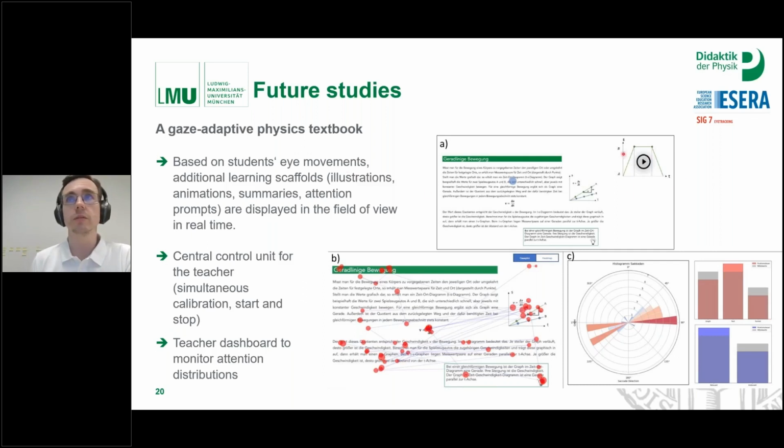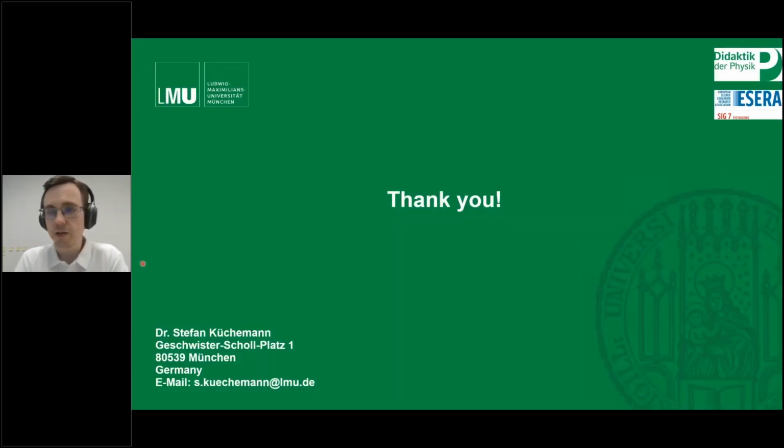Here there's some additional material shown on the right side, depending on where the student looks, and there we also use the central control unit for the teacher, so he can do a simultaneous calibration, start and stop, and he receives a dashboard of the information summarized over all students. So that's what we are working on right now. Thank you very much for your attention, and I'm very curious about your questions.